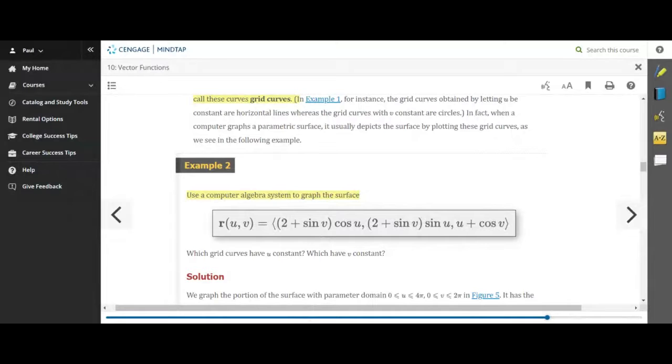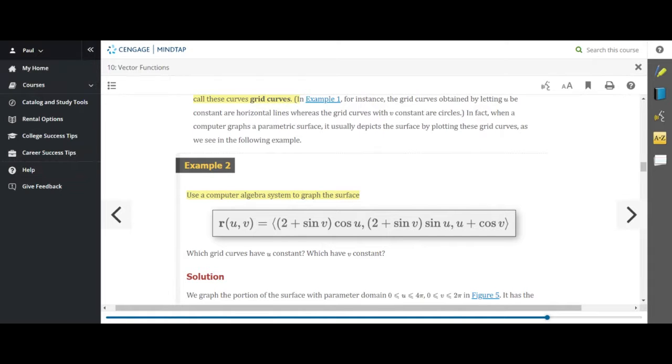In example 2, they want you to use a computer algebra system to graph this surface.